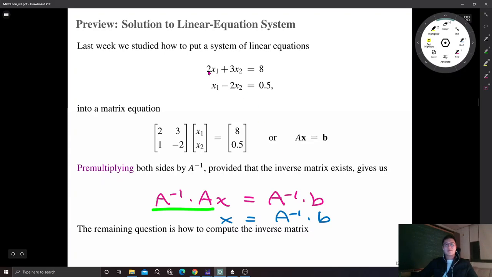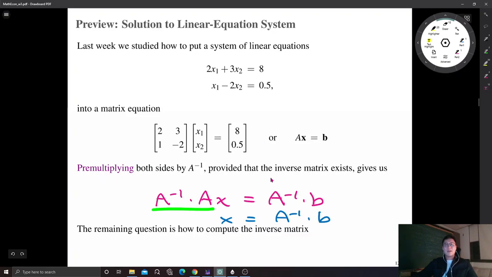So whenever we have a system of linear equations and we can convert it into matrix form, if the coefficient matrix has an inverse matrix, A inverse, then by pre-multiplying by A inverse, we have a unique solution to that system of linear equations. That is, A inverse is unique, and B is exogenously given. So we can compute the product, and we have a unique value. That's going to be the solution to the system.